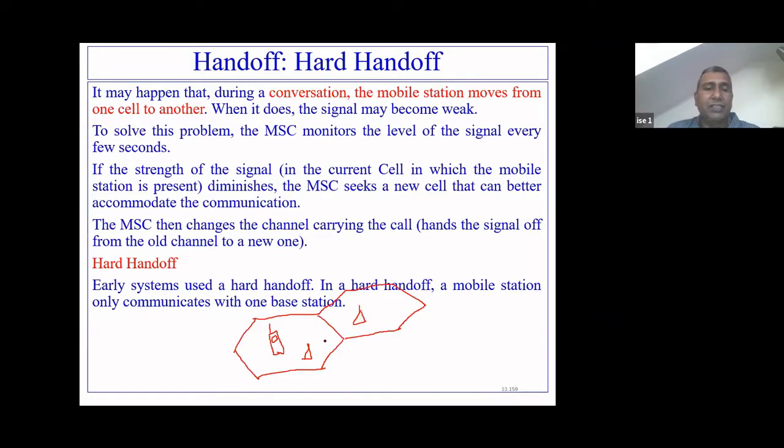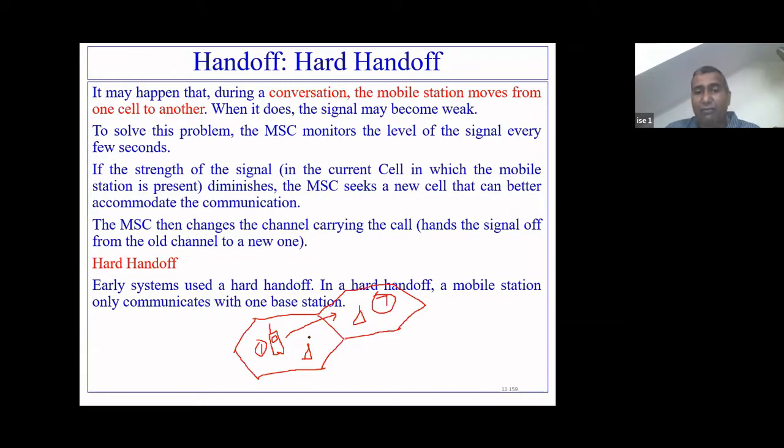So he starts moving in this direction of another cell. So this is say cell number 1, and say this is cell number 7, as same cells cannot be adjacent. So he moves in this direction.